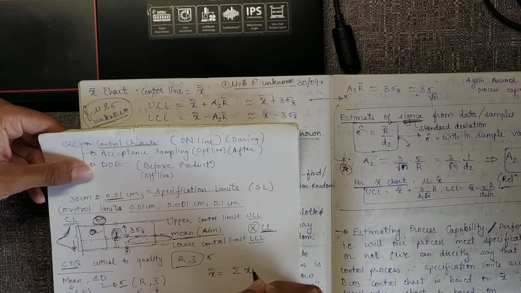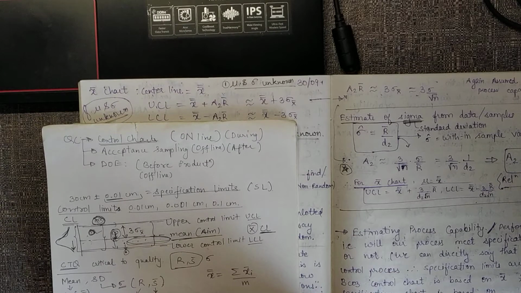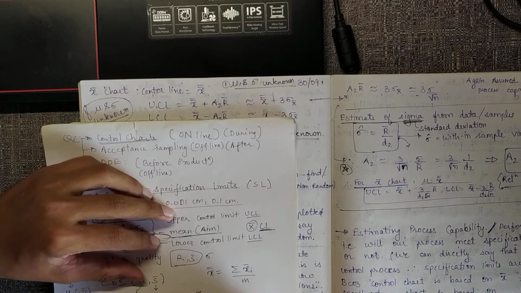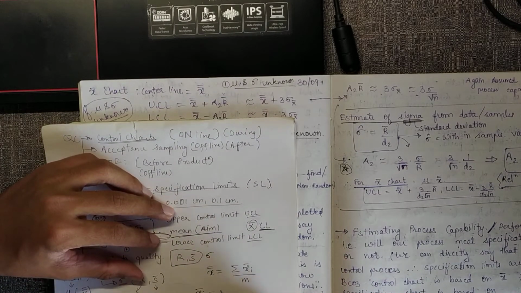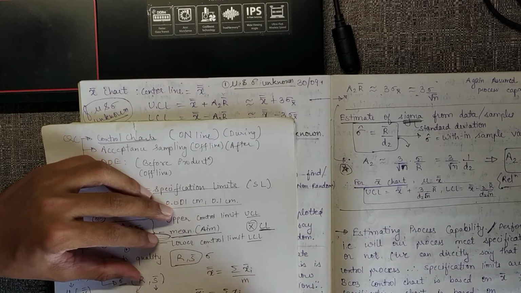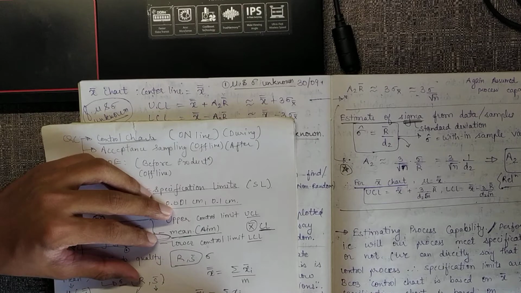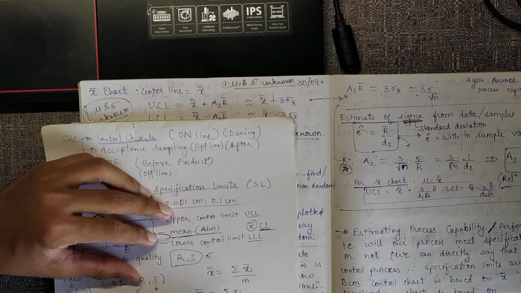Summation of xi bar divided by the number of samples which we took, and xi bar is summation of xi divided by the size of the sample. So n is the size of the sample and m is the number of samples, and we'll stick to this convention every time.